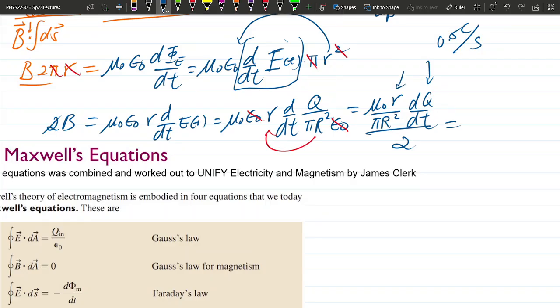That's the little r, 0.005 meter, half a centimeter, times how much the charge is changing, which is just half, divided by pi. Well, I guess we could have taken out that pi, divided by 0.011 centimeter squared, and then all of that divided by 2.